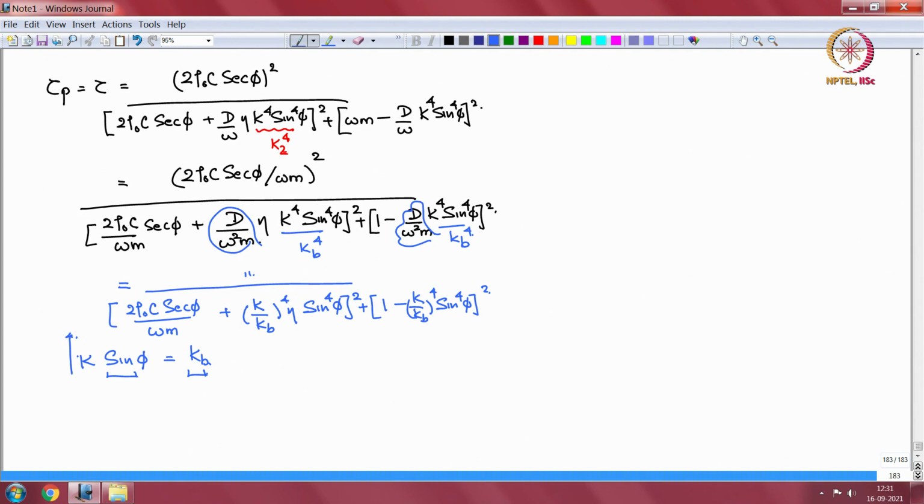But once k is equal to kb, that means your current frequency is the coincidence frequency. Only phi equal to pi by 2 can match.